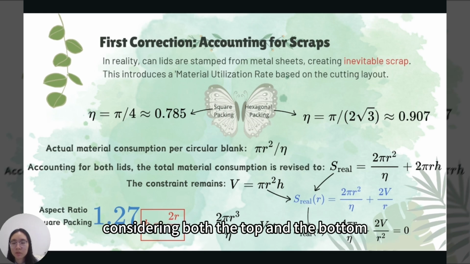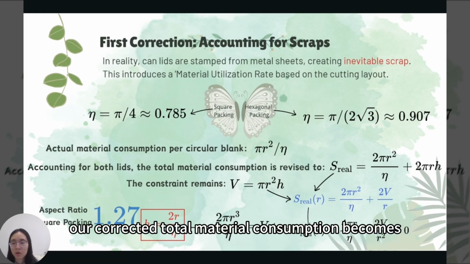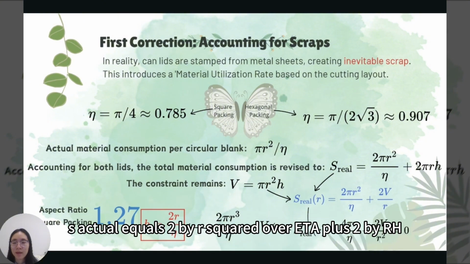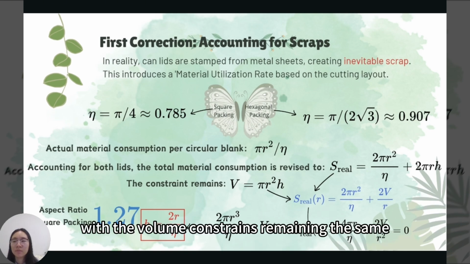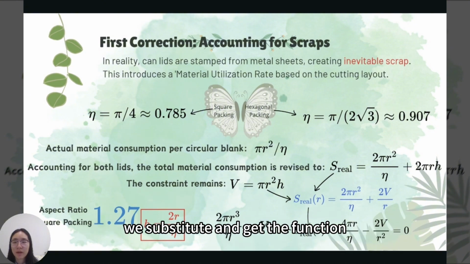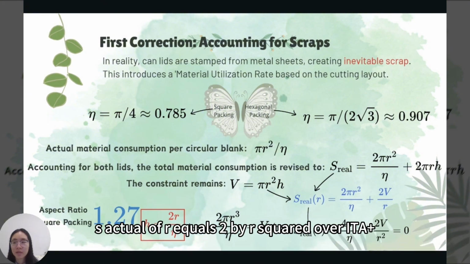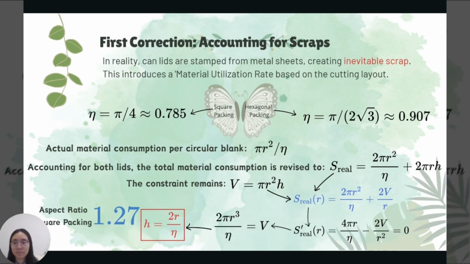Considering both the top and the bottom, our corrected total material consumption becomes S actual equals 2 pi r squared over eta plus 2 pi rh. With the volume constraint remaining the same, we substitute and get the function S actual of r equals 2 pi r squared over eta plus 2V over r.